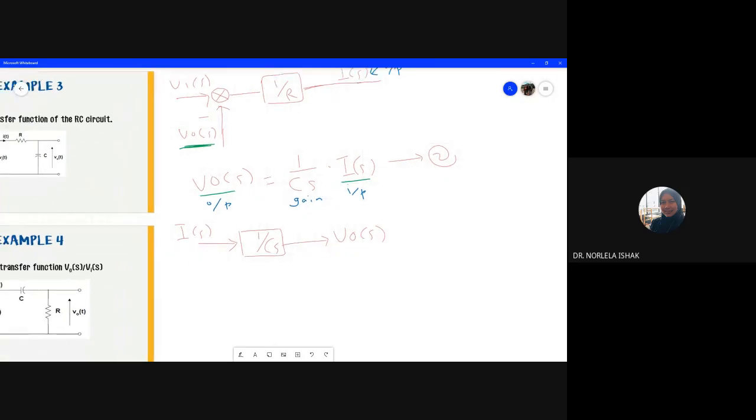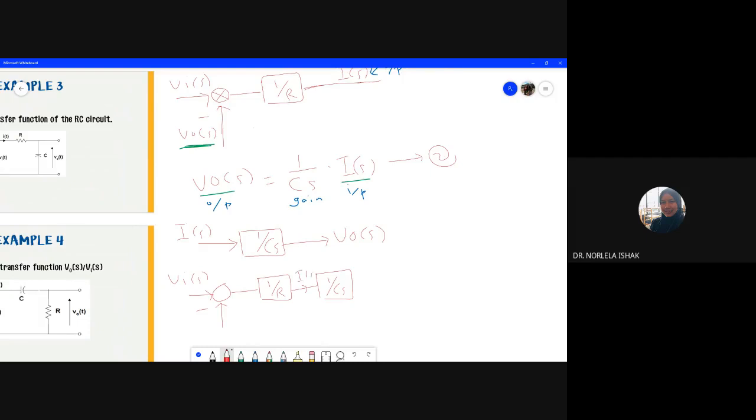Okay, first, we have the input. Okay, and here we have 1 over R. And our second system, 1 over CS, the output, the current.